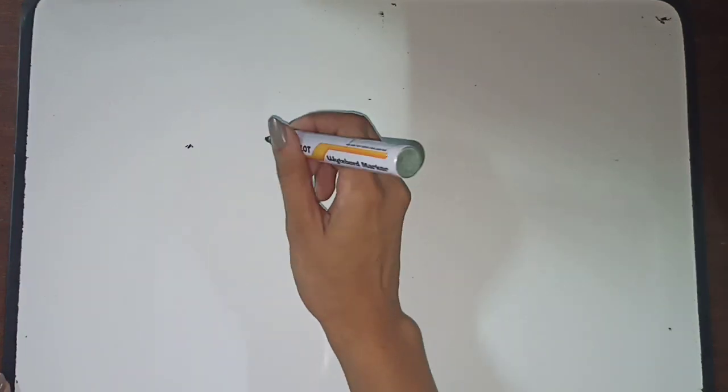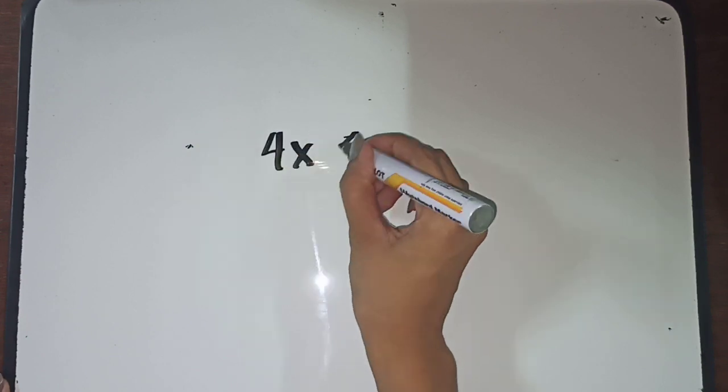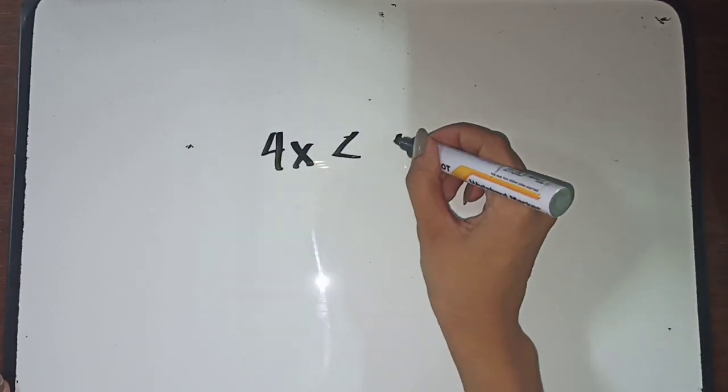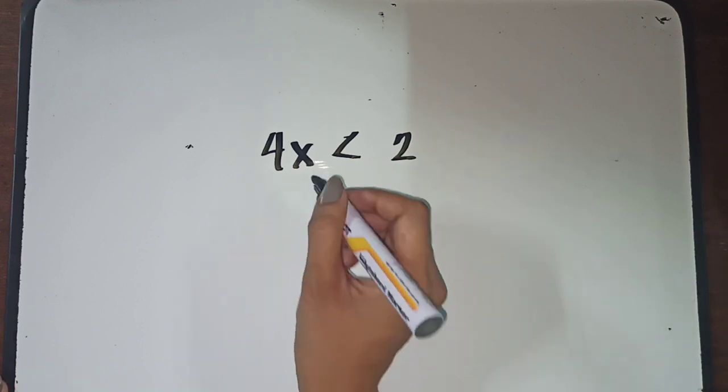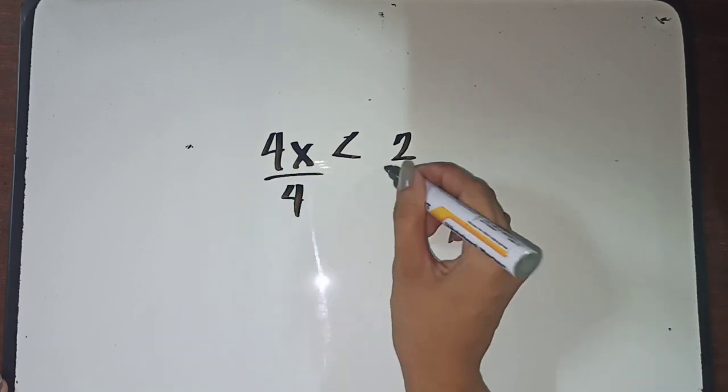So the next rule is if both sides of an inequality are multiplied by or divided by the same positive real number, the sense of inequality is not changed. So for example, kung meron akong 4x is less than 2. Okay, so you need to eliminate this 4. So, divide both sides by 4.